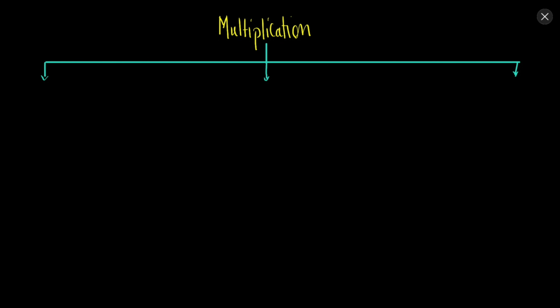In this video, we'll do the vector multiplication. As I told you, multiplication of vectors can have three cases. First, we can multiply a scalar and a vector.